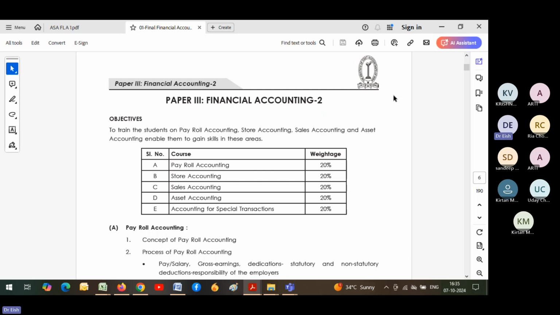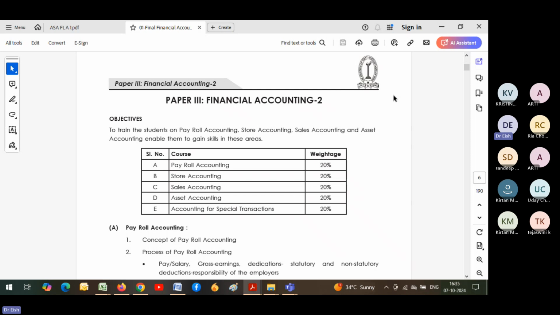So in the CAT 1 syllabus, you have 5 chapters and you will have 4 exams for the 4 subjects which you have.